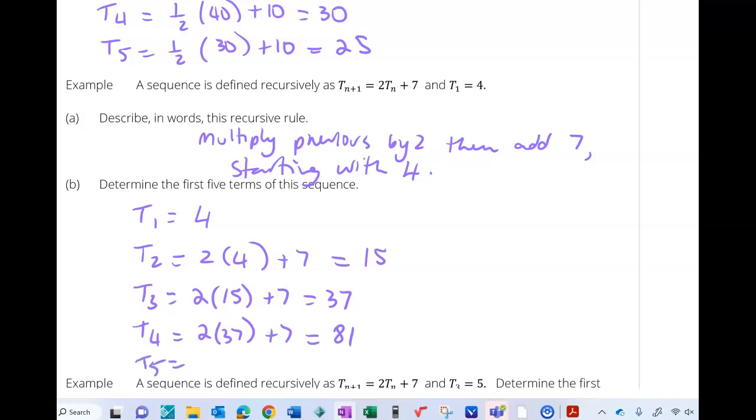And term 5, 2 times 81, and so on. What do we say? First 5 terms. So again, just practicing going from the words to the recursive, generating the sequence of numbers.